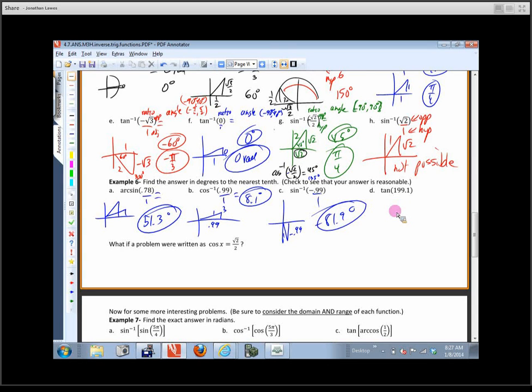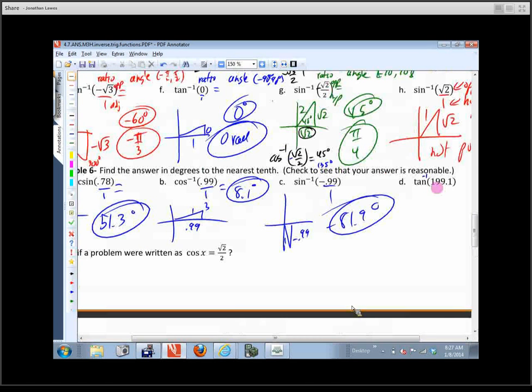Oh, let's see. I've got a typo here. That should be a tangent inverse. So that's a ratio, right? Put it over 1. This is the opposite side, and this is the adjacent side. So if I draw a triangle where the opposite side is positive 199 and the denominator is 1, it's going to be gigantic, right?